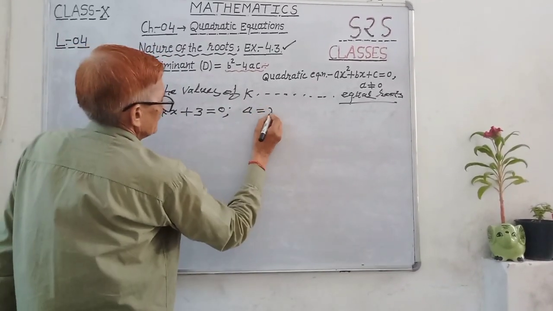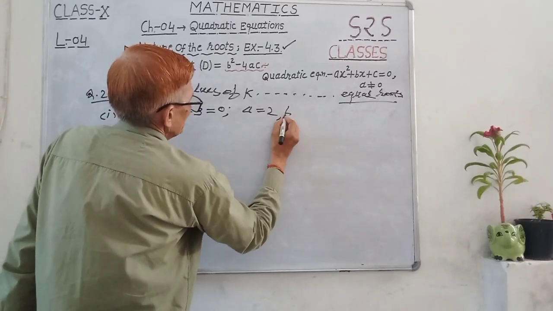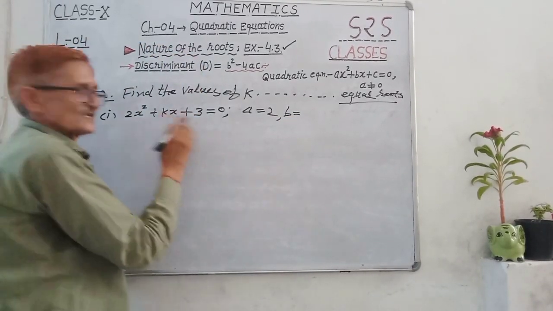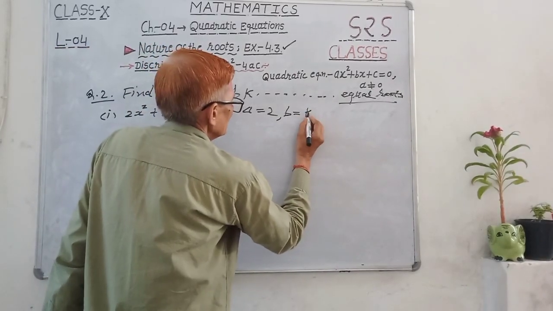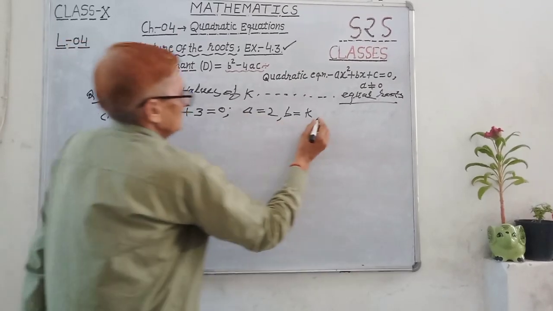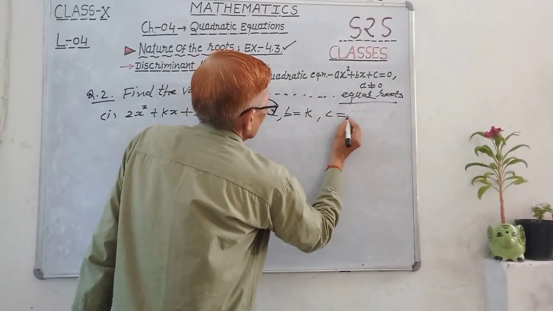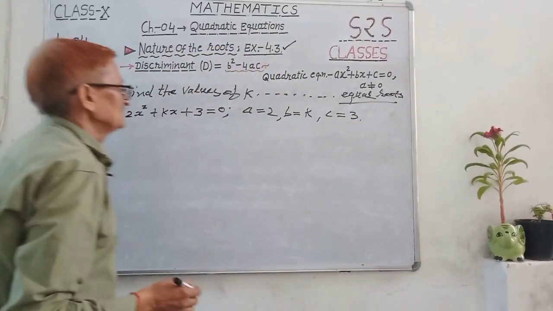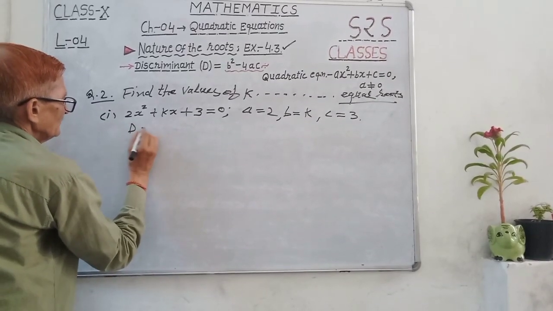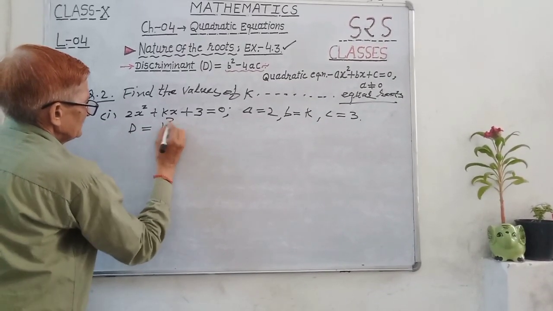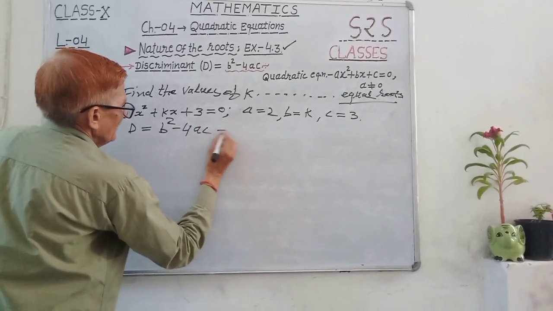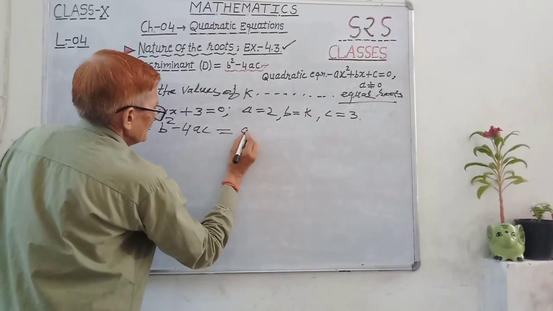Then take the values of a, b, c. a is 2 here. b is the coefficient of x, which is k, the value of b, any real number k, and c is equal to 3. We should take these values and use the discriminant formula b square minus 4ac equal to 0.